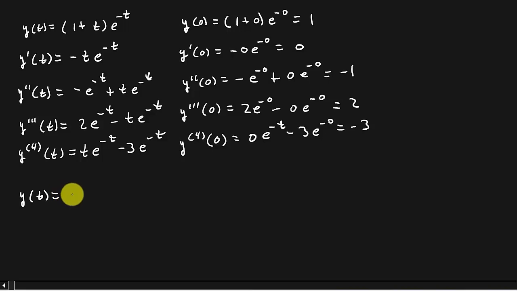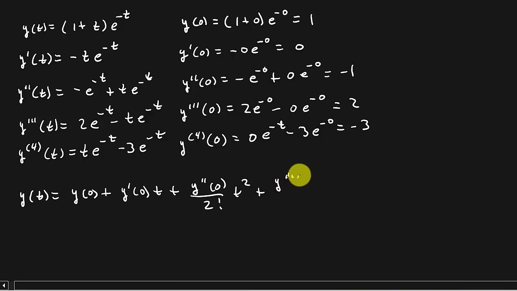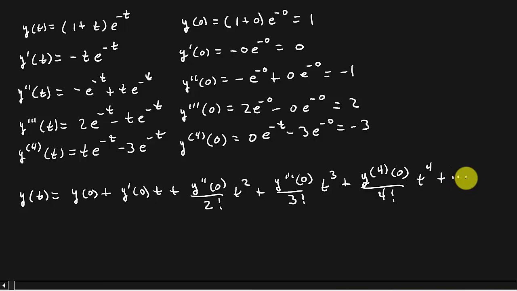So that's going to be y of 0 plus y prime of 0 times t plus y double prime of 0 over 2 factorial times t squared plus y triple prime of 0 over 3 factorial times t cubed plus the fourth derivative evaluated at 0 over 4 factorial times t to the fourth plus ... All right, so now we plug everything in.